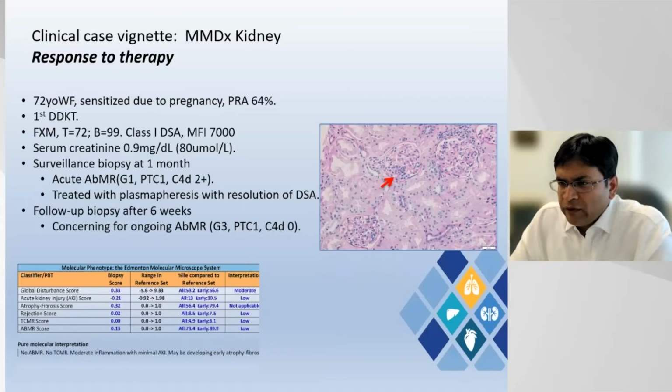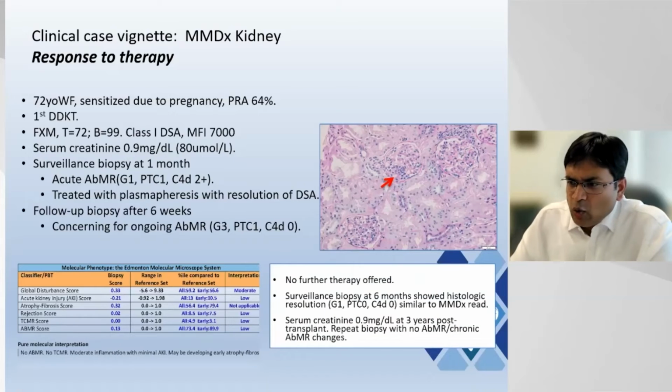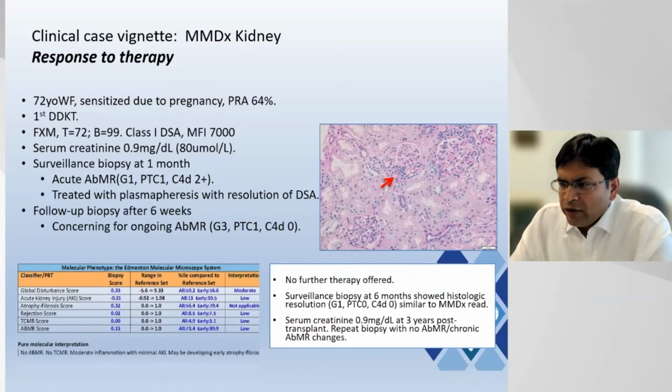So because of this resolution of DSA as well as a negative MMDx, we chose not to treat this patient further. And with that, she got 2 other surveillance biopsies, which were both negative even by histology. And this patient is now almost 5 or 6 years post-transplant with excellent kidney function.